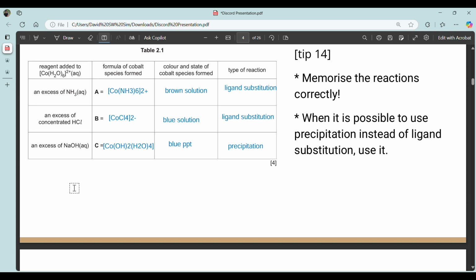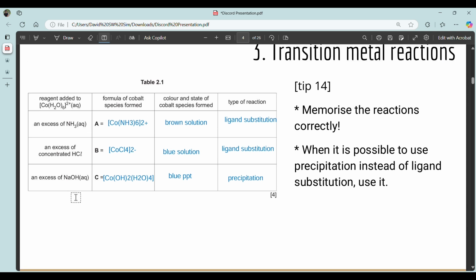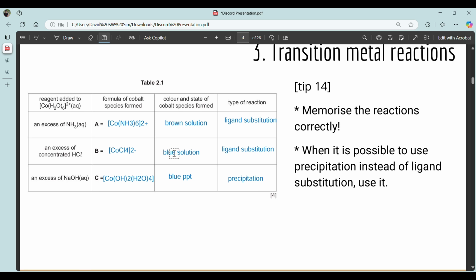Okay, so in some very rare circumstances, you actually have a redox reaction in transition metals. For a redox reaction, usually it will involve iron complex ions.